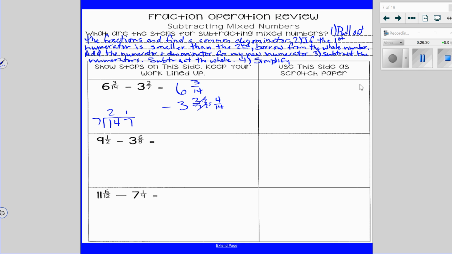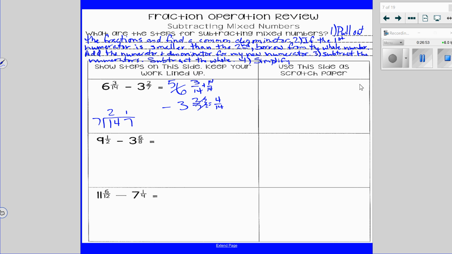Can I take 3 and subtract 4? No, I can't do that. Okay? So I have to borrow from the 6. I make this a 5. My common denominator was 14. So how much am I borrowing from that one whole? 14 14ths. So technically what I'm doing is adding 14 14ths.